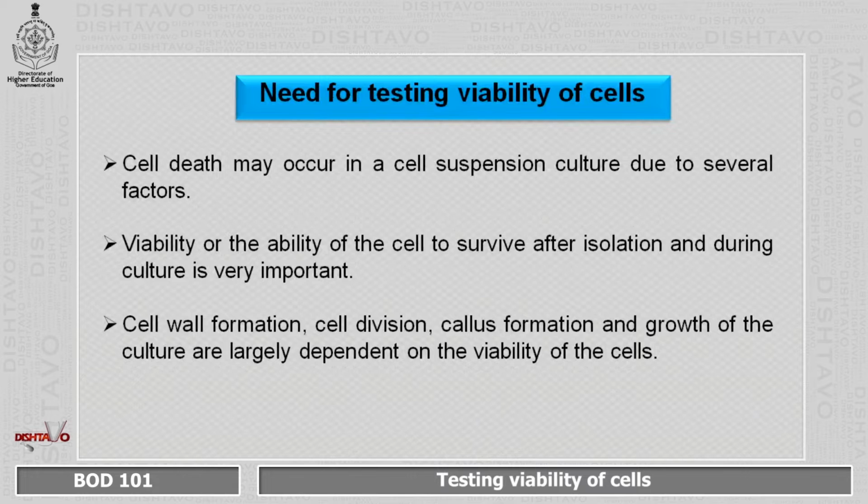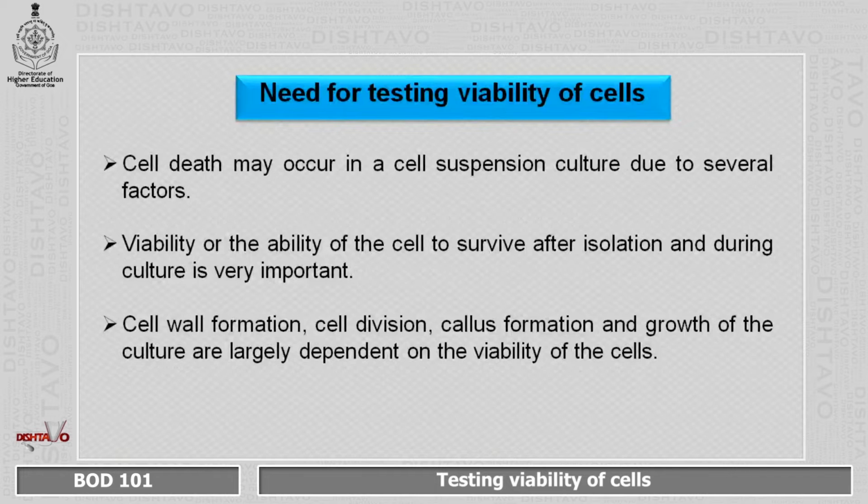First, let us see the need for testing viability of cells. Cell death may occur in a cell suspension culture due to several factors. Viability, or the ability of the cell to survive after isolation and during culture, is very important.